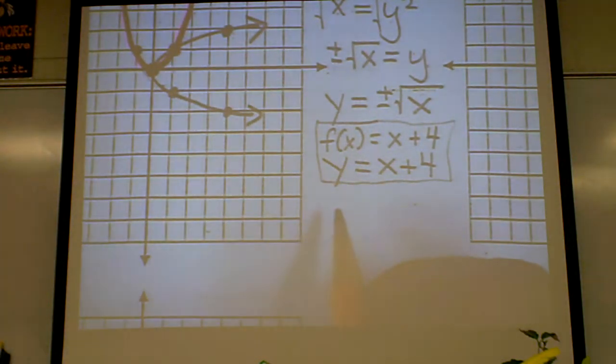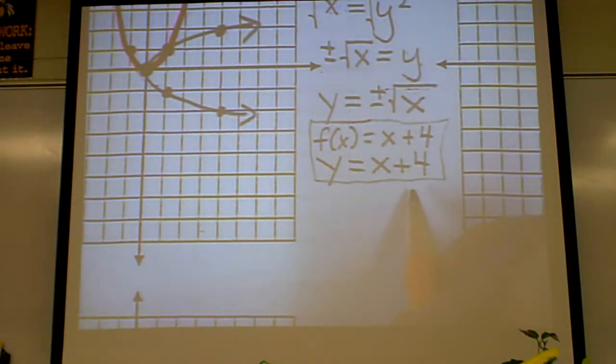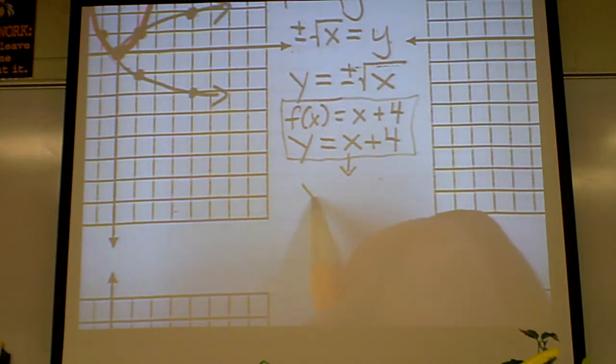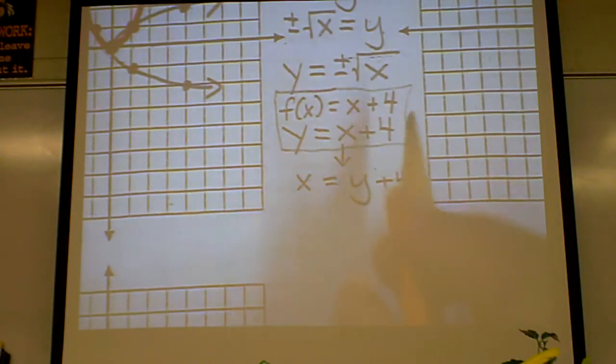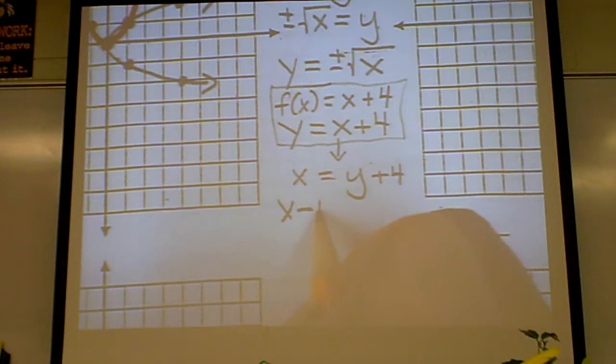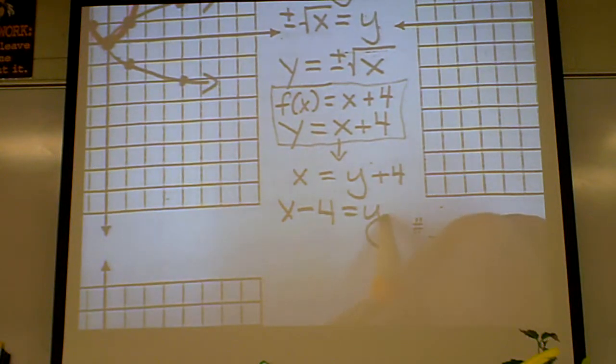If I asked you to find the inverse of this, what would you do? Flip x and y. So you'd have x equals y plus 4, and then what would you do? Solve for y, so this goes over here. y equals x minus 4.